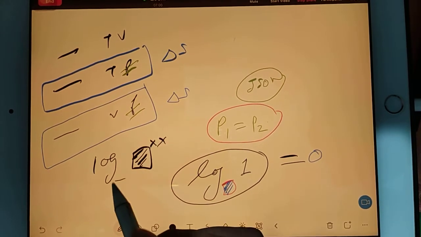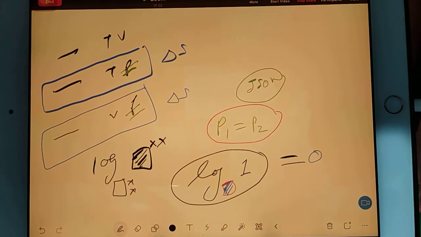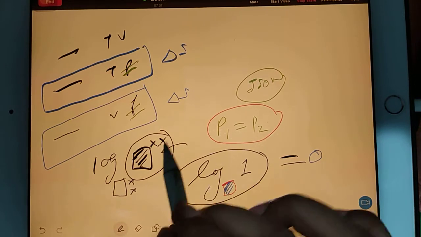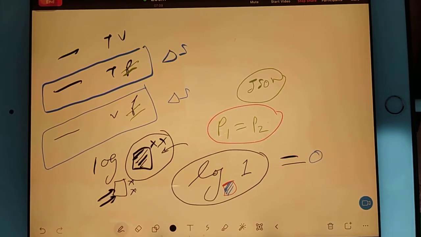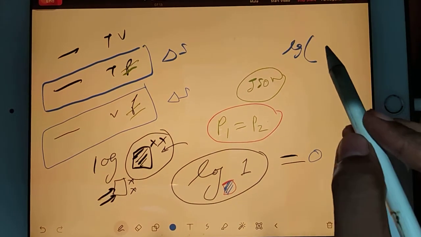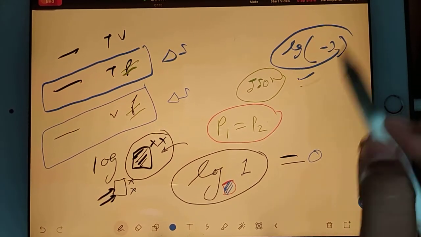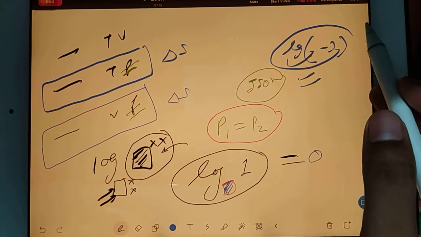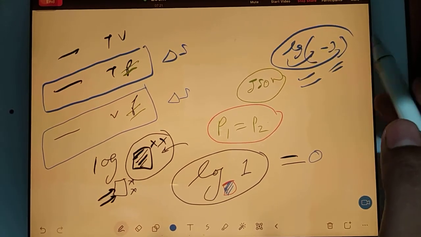In the same way, whatever answer is here, this answer should not be 0 or negative. This answer can be 0, no problem, but this answer cannot be negative. But here 0 and negative both are not allowed. And log will not give you an answer for negative numbers. It will show you a syntax error. I mean, log is not defined for negative numbers. Log is only defined for positive numbers.